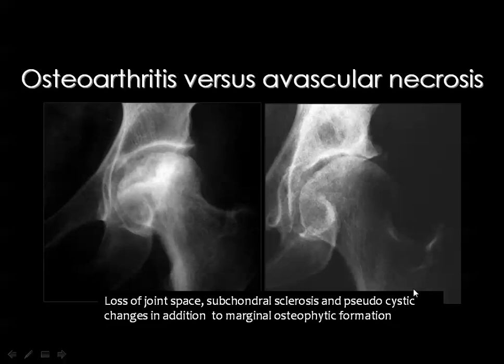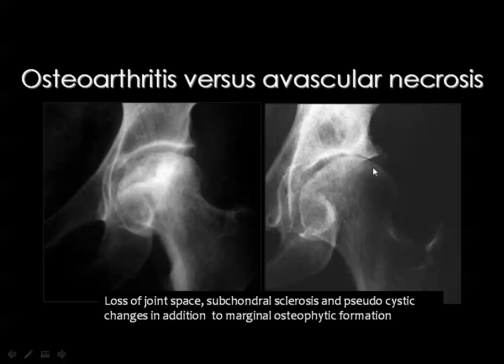And also sometimes you may mistake the changes of avascular necrosis in the hip for those of osteoarthritis. You remember the main differentiating point is the superior lateral aspect of the joint space. If this part of the joint is maintained, and you see that the changes are totally confined to the femoral head, you know that this is avascular necrosis. But here you see that the superior lateral aspect is obliterated or markedly narrowed.